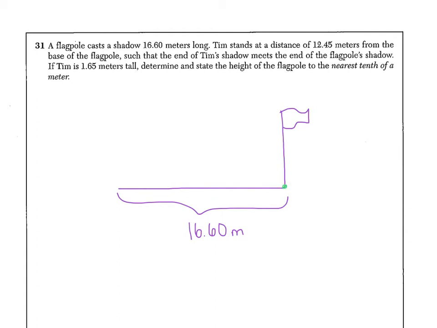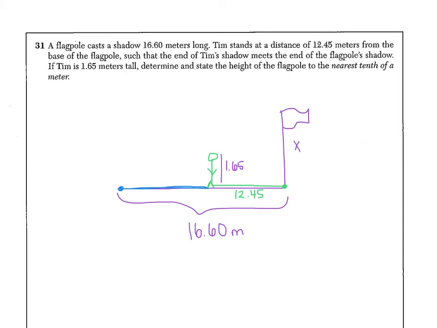So here's the base, that green dot, and Tim is 12.45 meters away from the base of the flagpole, such that the end of Tim's shadow meets the end of the flagpole shadow. If Tim is 1.65 meters tall, determine and state the height of the flagpole.